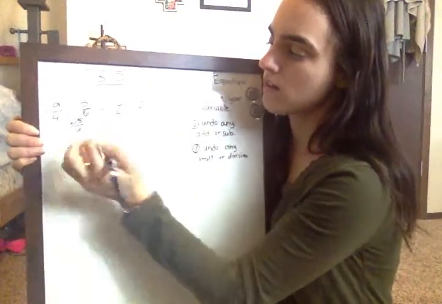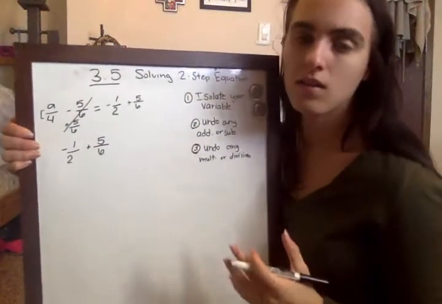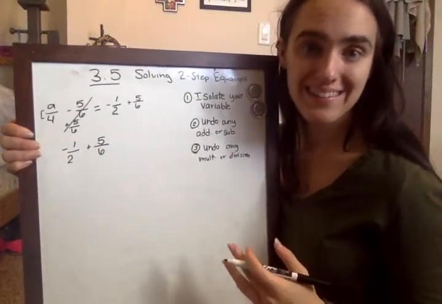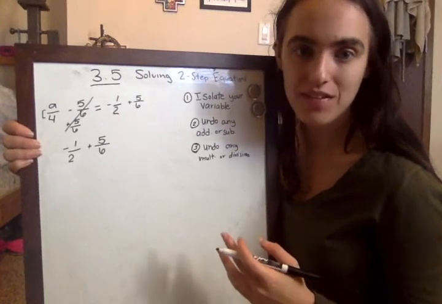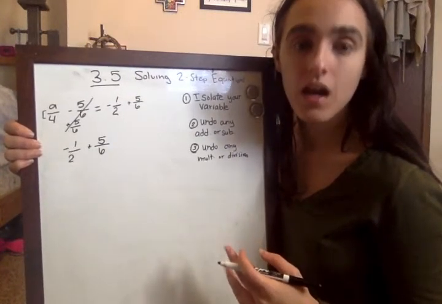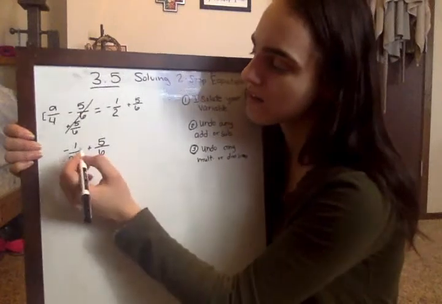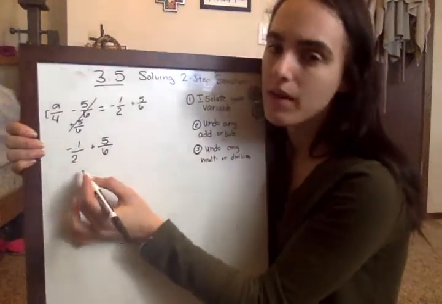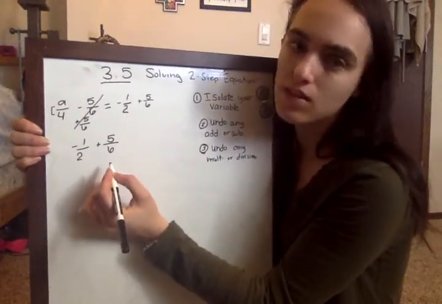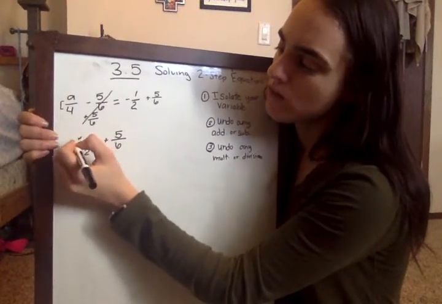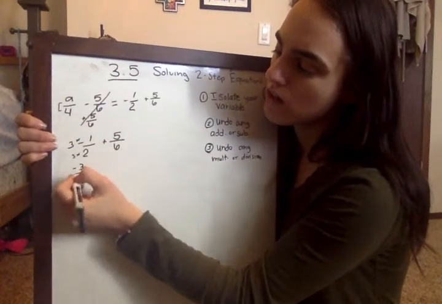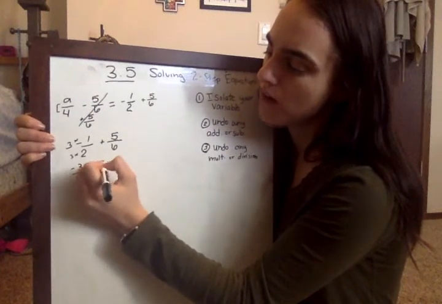I'm going to write this separate so we can see fractions. How do we add fractions? Common denominators. So we need to get a common denominator between 2 and 6. Thankfully, this is a simple and easy one. We can times this by 3, times this one by 3, negative 3 over 6 plus 5 over 6.